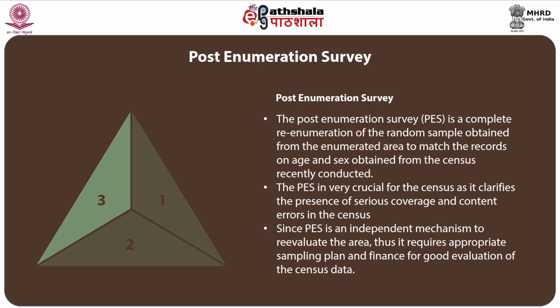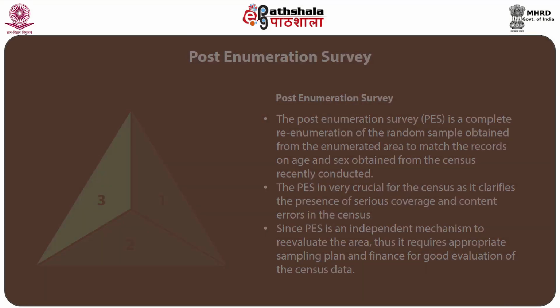Since PES is an independent mechanism to re-evaluate the area, it requires an appropriate sampling plan and the finance for good evaluation of the census data. Also, through PES, one can identify the erroneous procedures in the census and the large-scale surveys, and hence it can be rectified for improved implementation of future surveys and censuses.